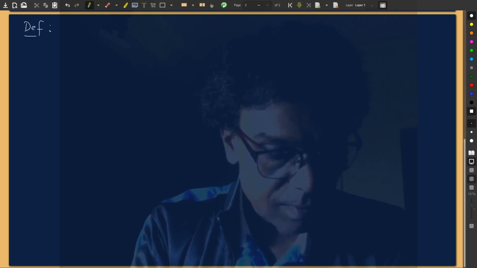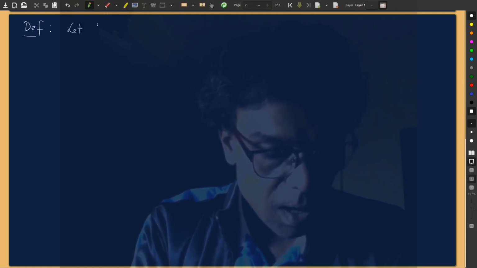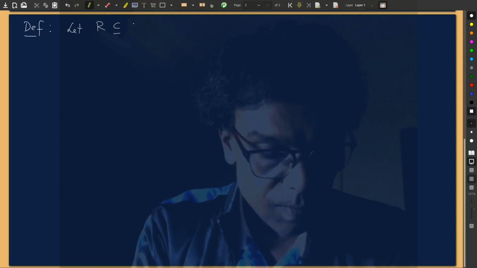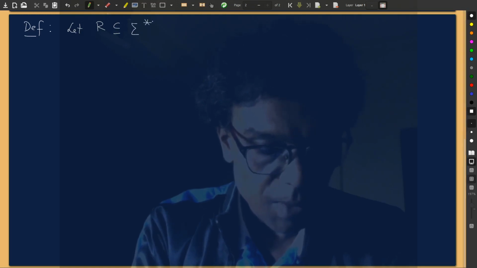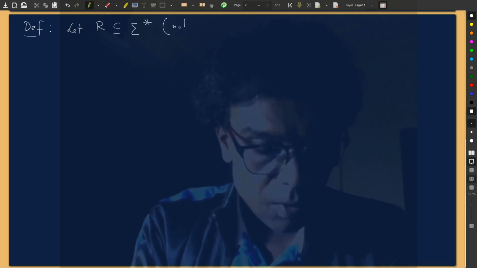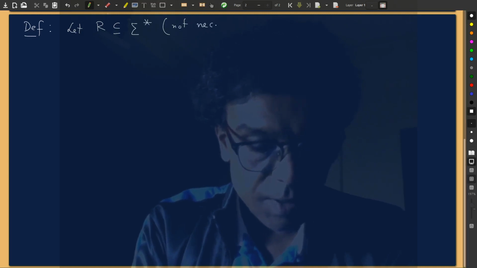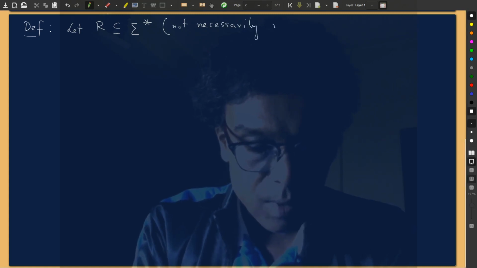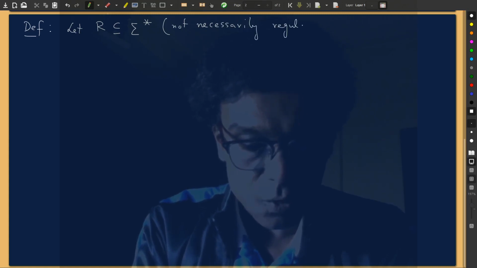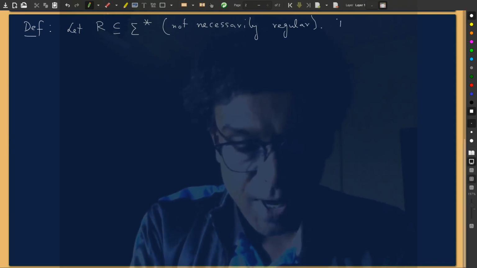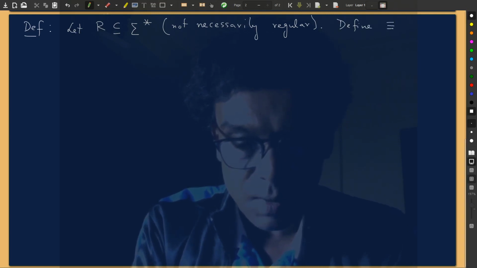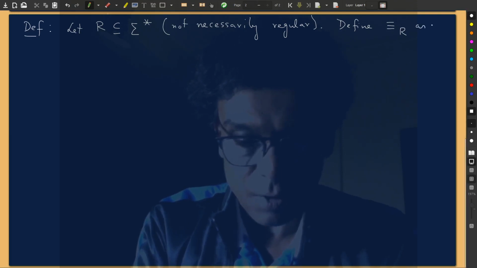Now I just define something like this. Let R be a language over sigma, not necessarily regular. I will later specialize to regular languages. Now I define an equivalence relation with respect to this R as follows.